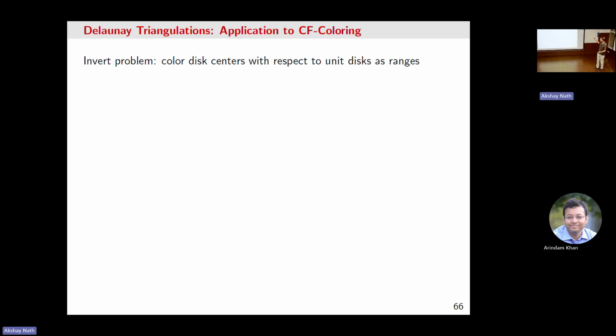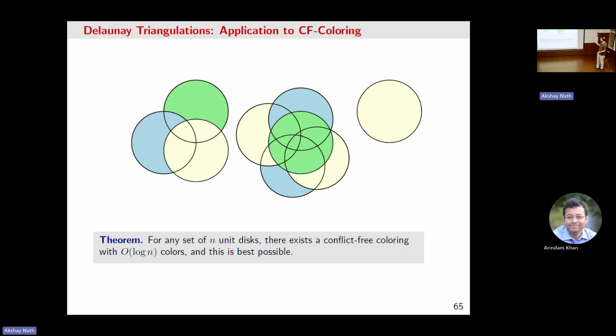For simplicity, all these disks were the range of some cell tower, and I assume that all the cell towers are equivalent, so all these disks have exactly the same size.